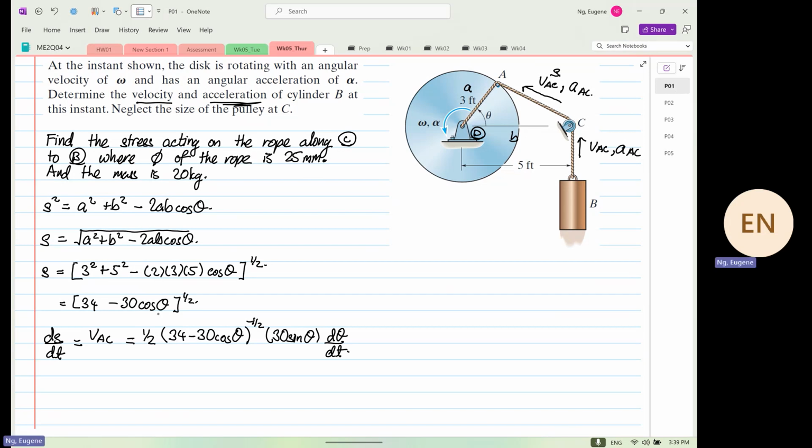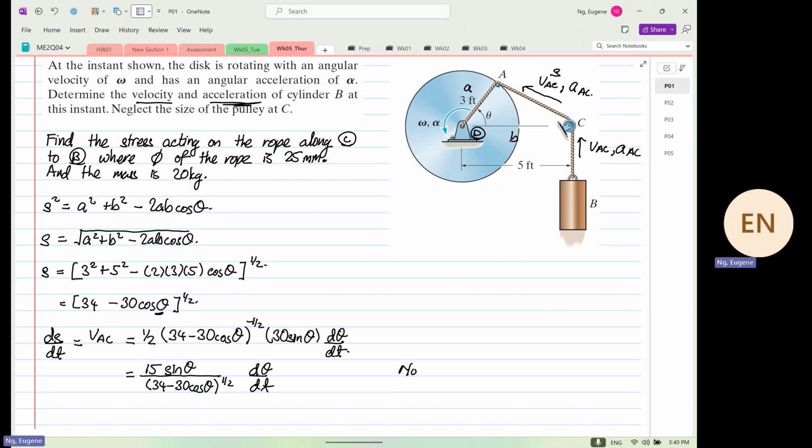Why do we do d theta over dt? Because theta is going to be a function of time. Okay, so once you put everything in, we have 15 sine theta divided by 34 minus 30 cos theta, power of half, d theta over dt.